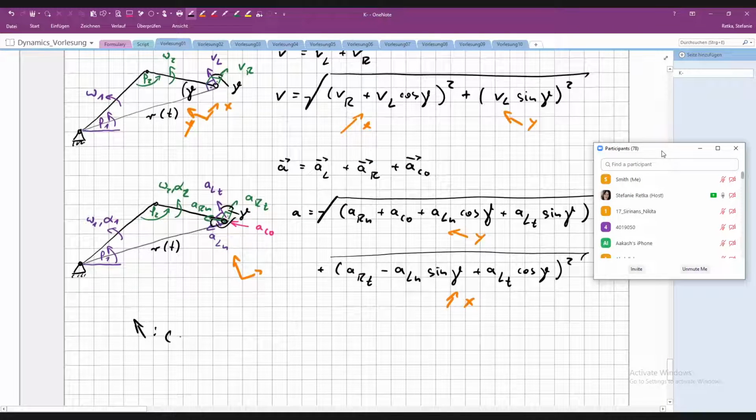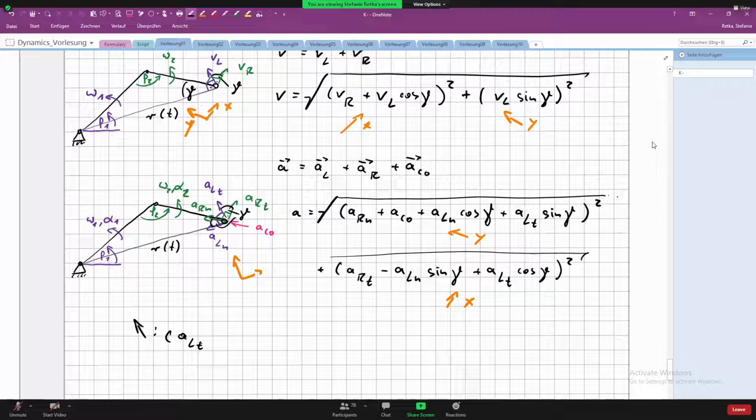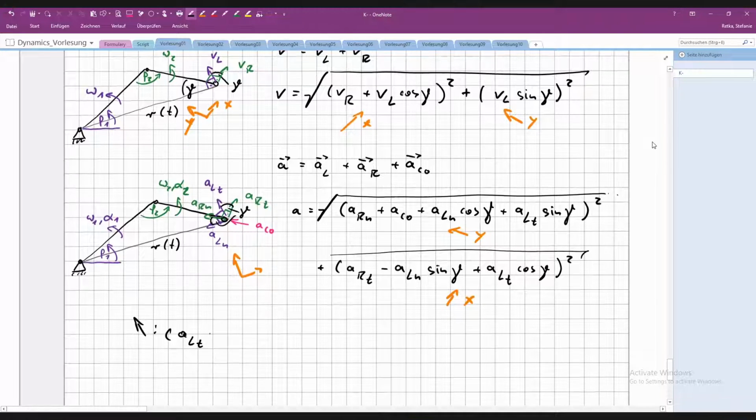Then you'd have AL tangential, then we would have AR tangential, and then if you draw it a little bit bigger here, that's our purple component, and we are decomposing this vector into, well, I will use red, but into these two components, right? There's the right angle, and here's gamma.